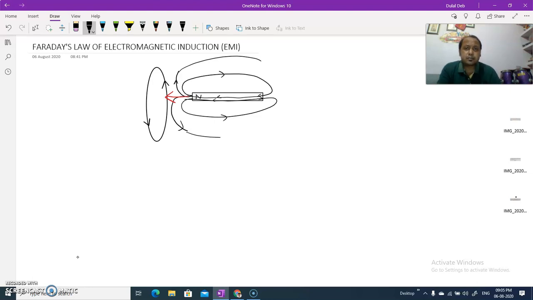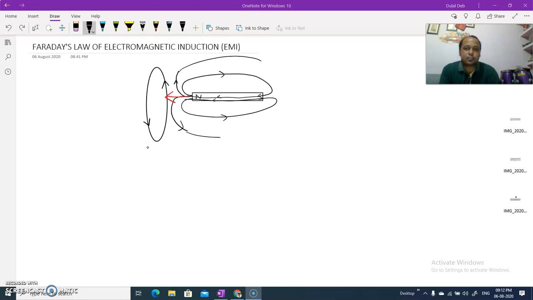So when this magnet with the north pole is moved towards the coil, the current is automatically generated without the help of a source, because no source is connected here. The current is induced here, so the word induced is used. We call it induced current.